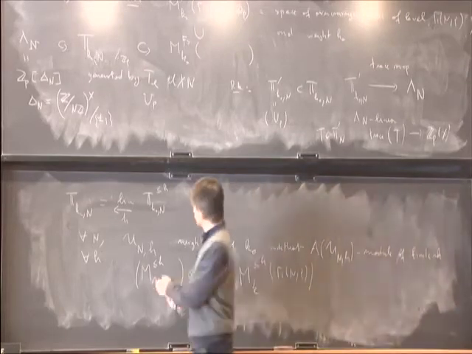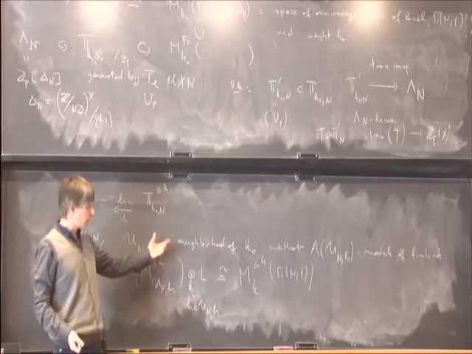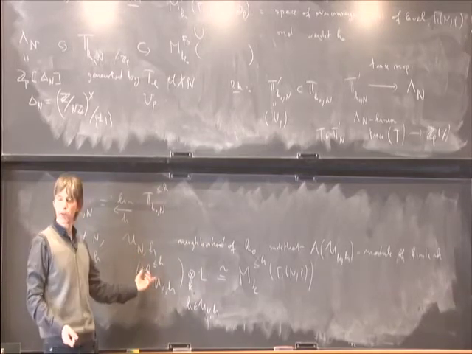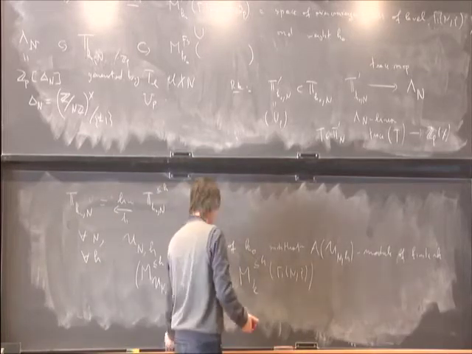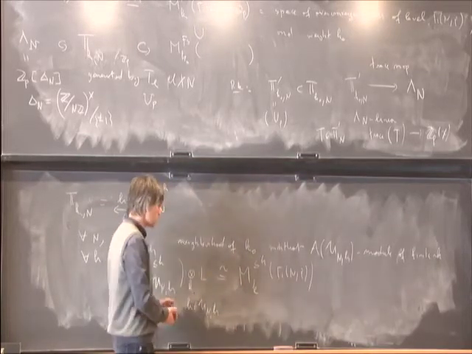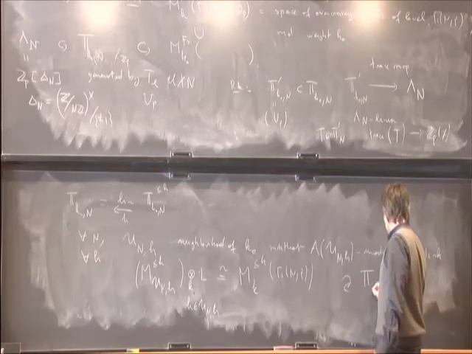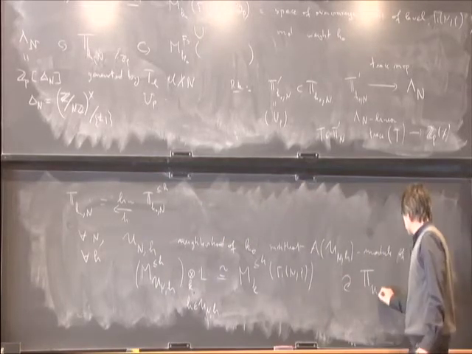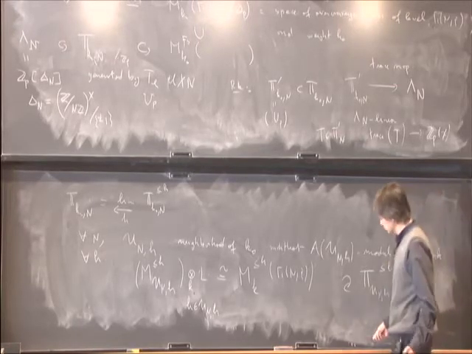Of course, when h grows, this neighborhood has to shrink. But we can still define this, and we can also define the corresponding Hecke algebra on it, T_{U,n,h}, slope less or equal to h.